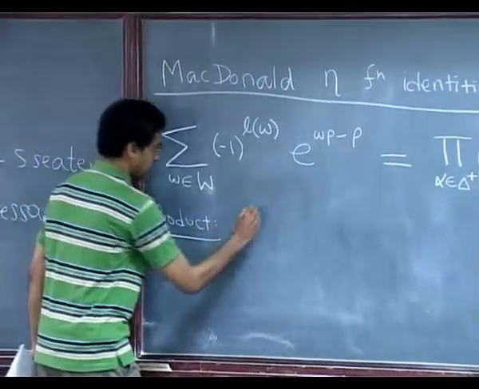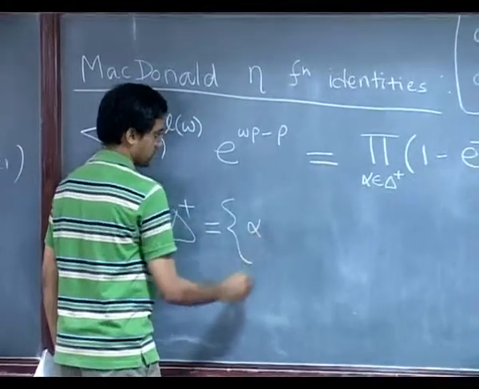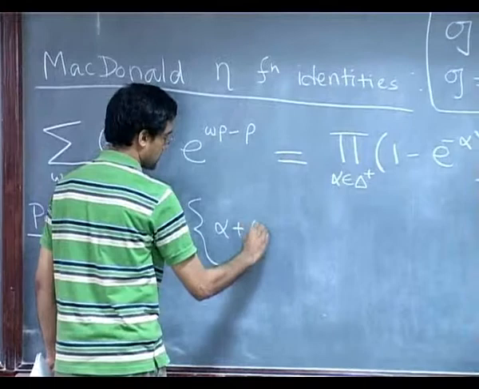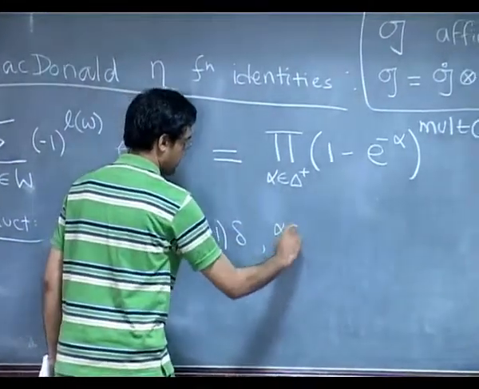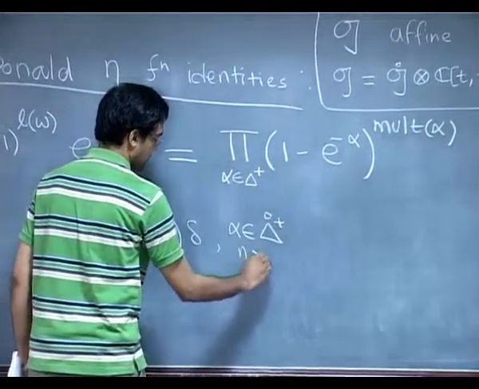To do this, I should recall what the positive roots look like. We said last time they are of three different types. There's either alpha plus n minus 1 delta, where alpha is a positive root of the underlying algebra and n is at least 1.